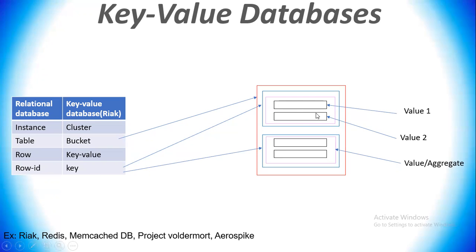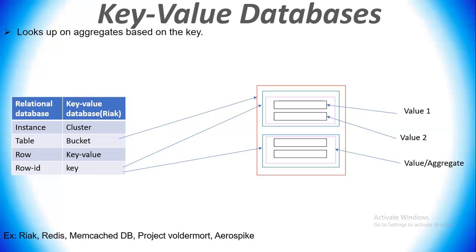They can have aggregates within aggregates. So this is a key value pair, and within that key, it encloses. So the key will point to a set of values, which may also contain other key value pairs, or maybe it is a simple value. We don't know.